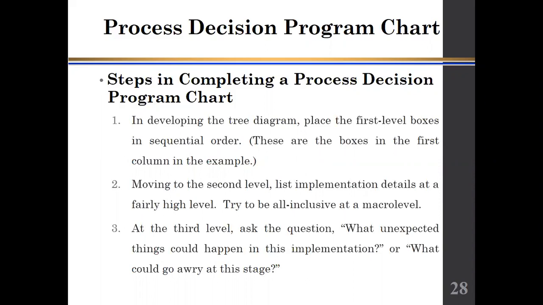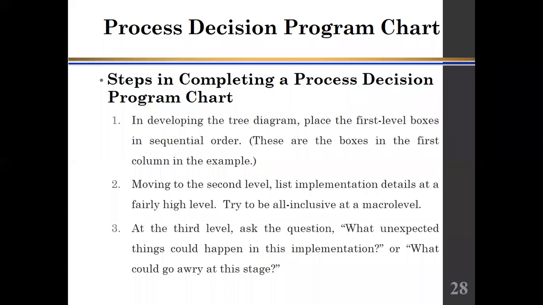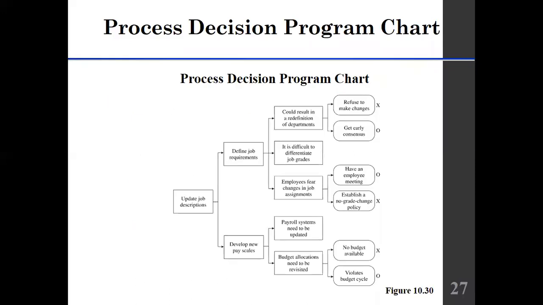First level box means the boxes in the first column. So you can see here the boxes in the first column. Moving to the second level, list implementation details at a fairly high level. Try to be all inclusive at a macro level. Okay, so you can see it here.